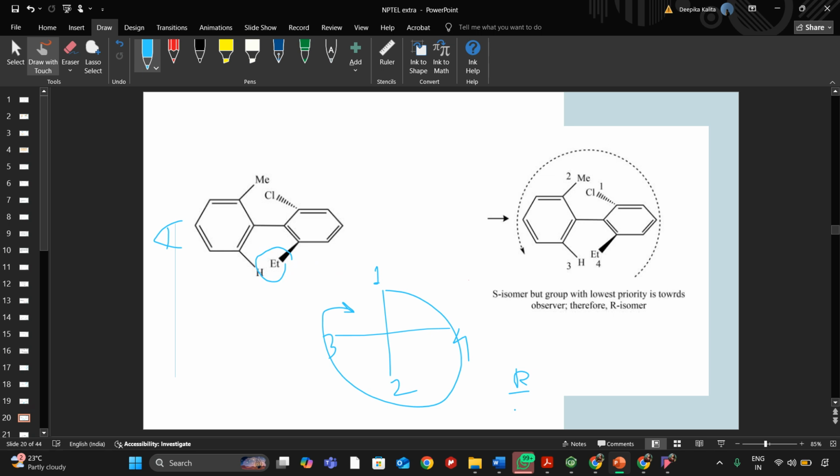Hence, we have to reverse R into S. Okay, this description is actually wrong, and this isomer is going to be S isomer. You have to reverse the configuration because it is containing the fourth priority group towards the observer.